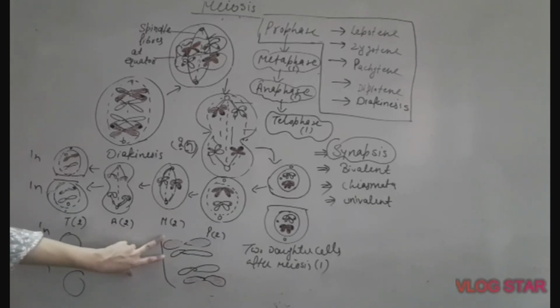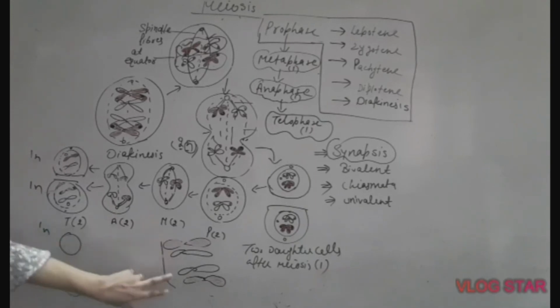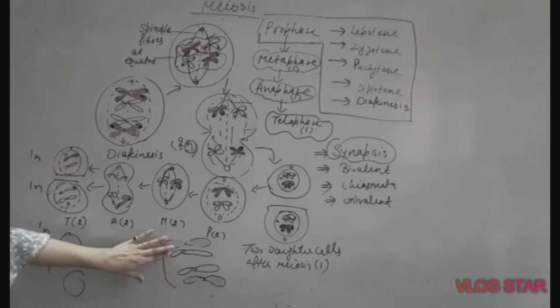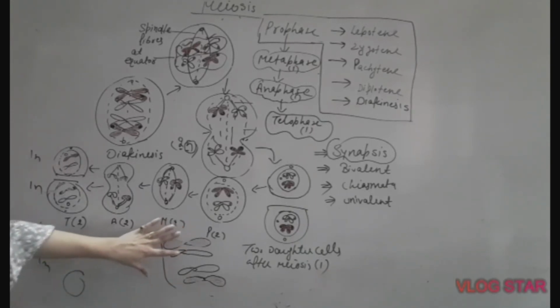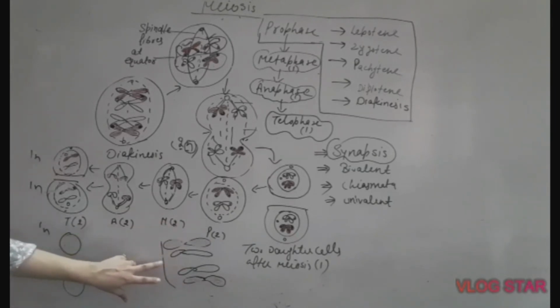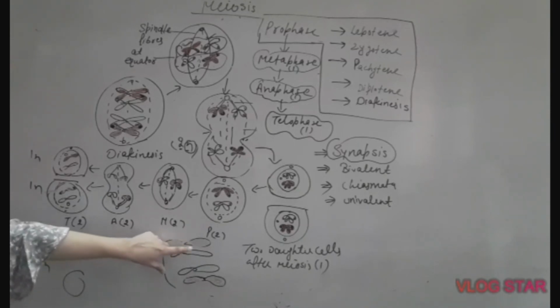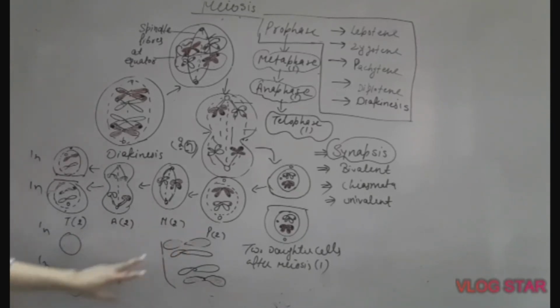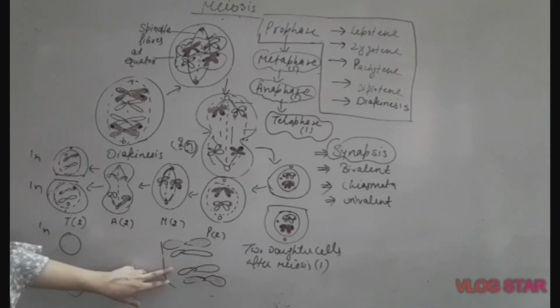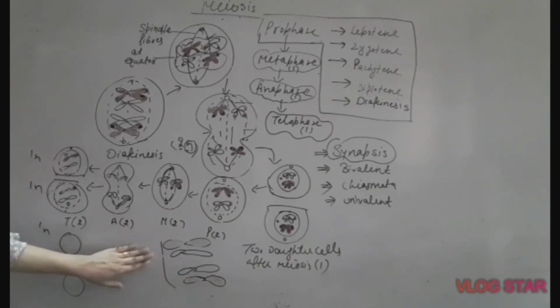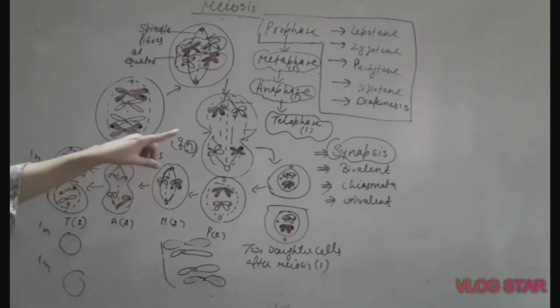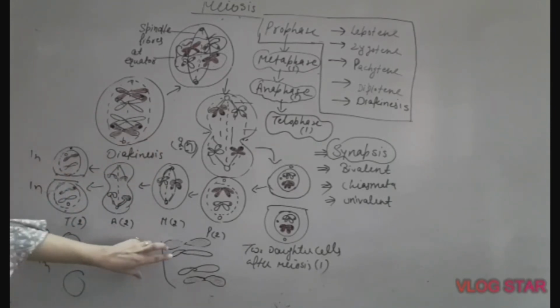I have not shown chromatids here because during synapsis chromatids are not visible. So chromosomes attach themselves. In synapsis they arrange themselves parallel to each other in such a way that they have genes of the same character at the same position. This process of arranging chromosomes parallel to each other is known as synapsis. During synapsis, these chromosomes show some union.